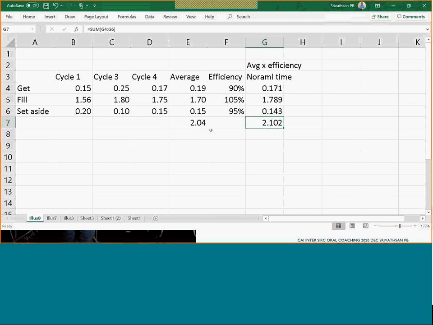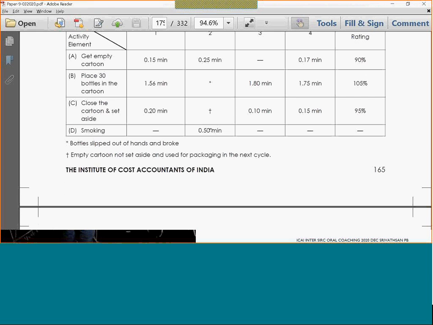A normal employee will need 2.102 minutes to get the job done, though he does it faster. So this is the normal time.